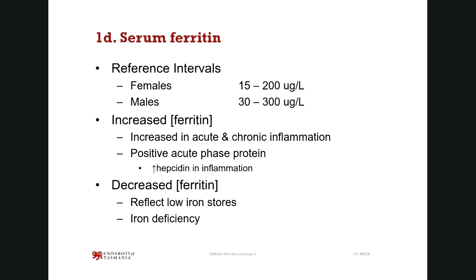However, as you can see there, increased ferritin is not a reliable marker of iron stores, because it is an acute phase protein, so increased ferritin needs to be read in context with the clinical health condition that the person may have. But the really great thing with serum ferritin measurements is that they have a very high predictive value for iron deficiency.